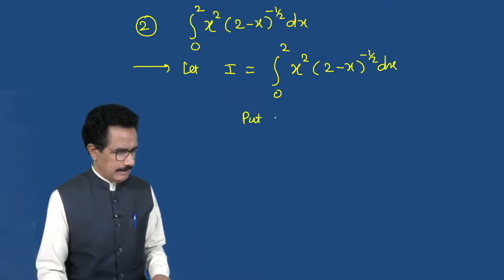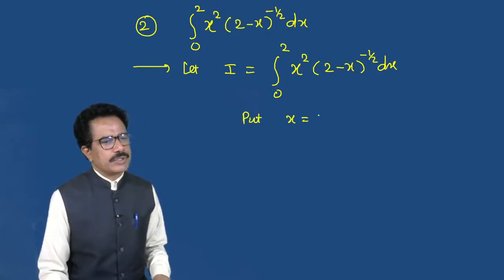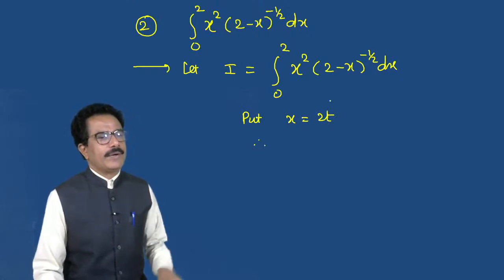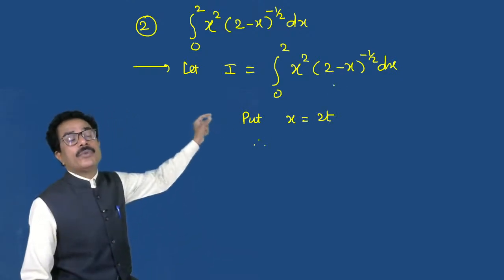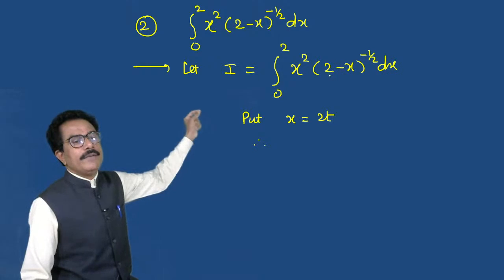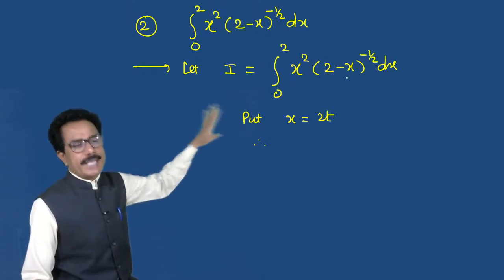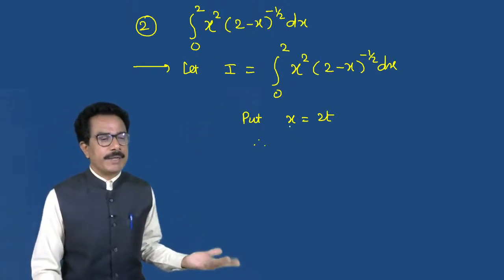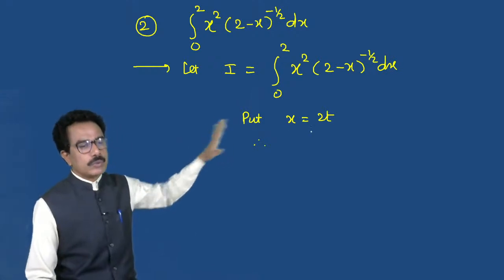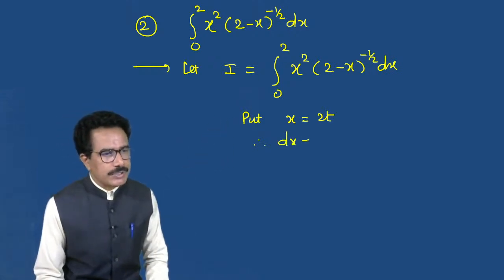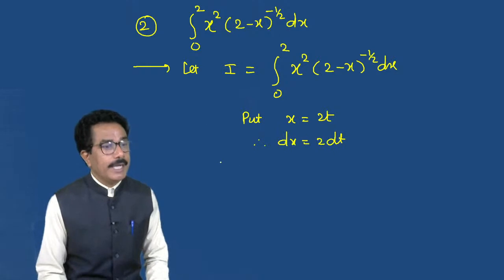Put x is equals to 2t. Therefore, आता इथं 1 minus x पाहिजे. We have to use the beta function. For beta function, we need 1 minus x. So, for this purpose, we have to put x is equals to 2t. So, dx is equals to 2 dt. आता limits.